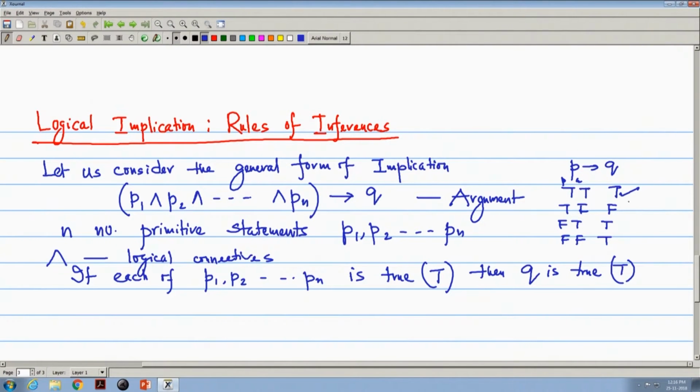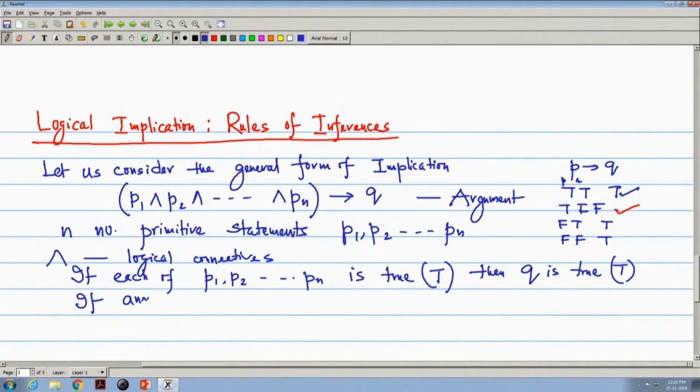So, only this is the case where it will give a false result.